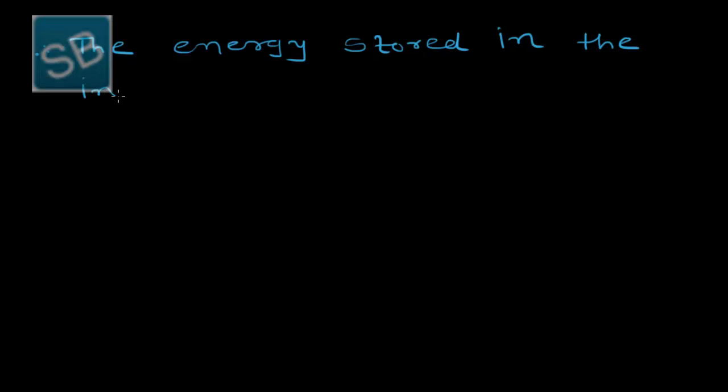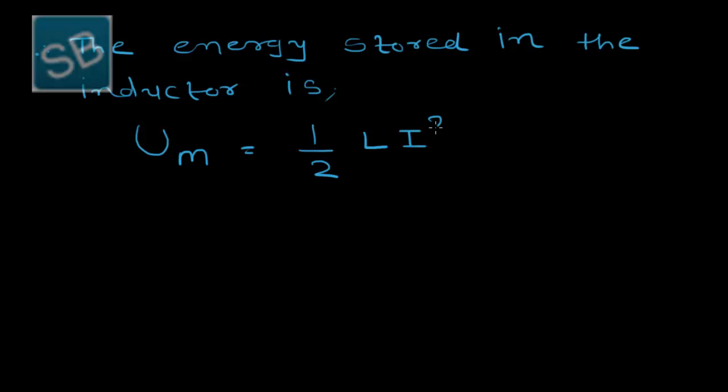Therefore, the energy stored in the inductor is given by UM is equal to 1 by 2 L i square, which is equal to 1 by 2 L. The value of I we have earlier obtained.